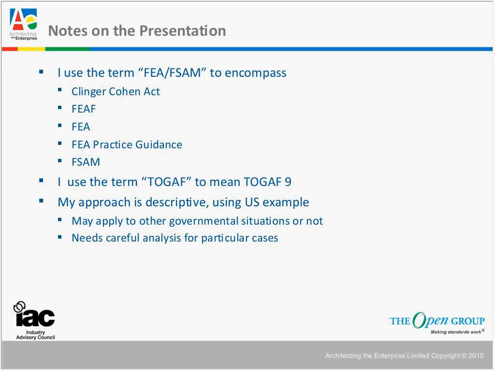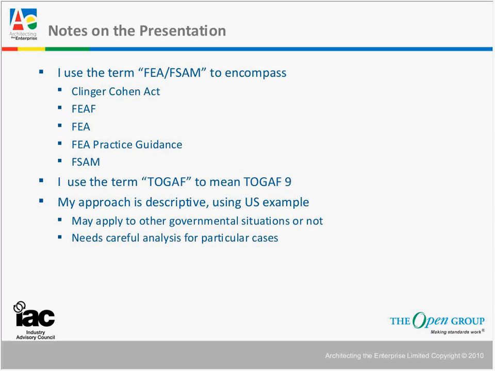So a few notes on this presentation. I use the term FEA, FSAM, to encompass a bunch of things, a kind of environment that government enterprise architects work in: the Clinger-Cohen Act, FEA, the Practice Guide, FSAM.